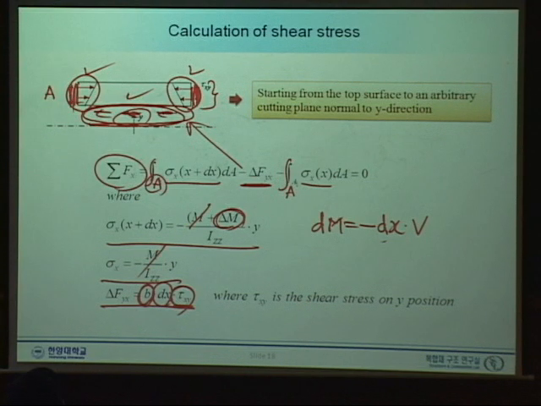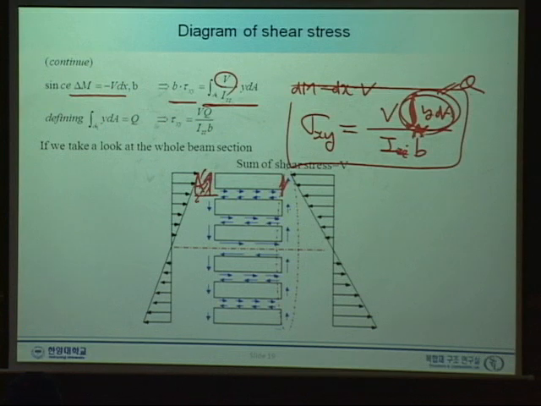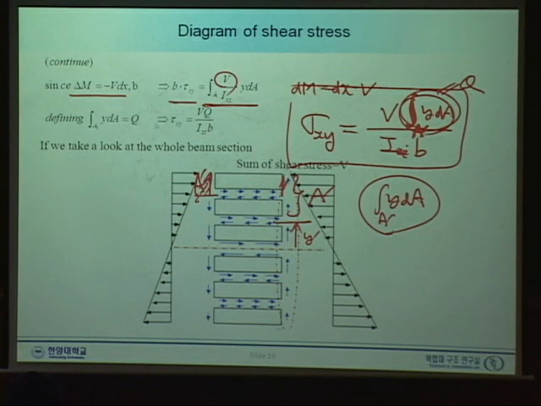This part, A. So whenever we want to calculate, for instance, at this point y prime, then this part is the A prime integration.